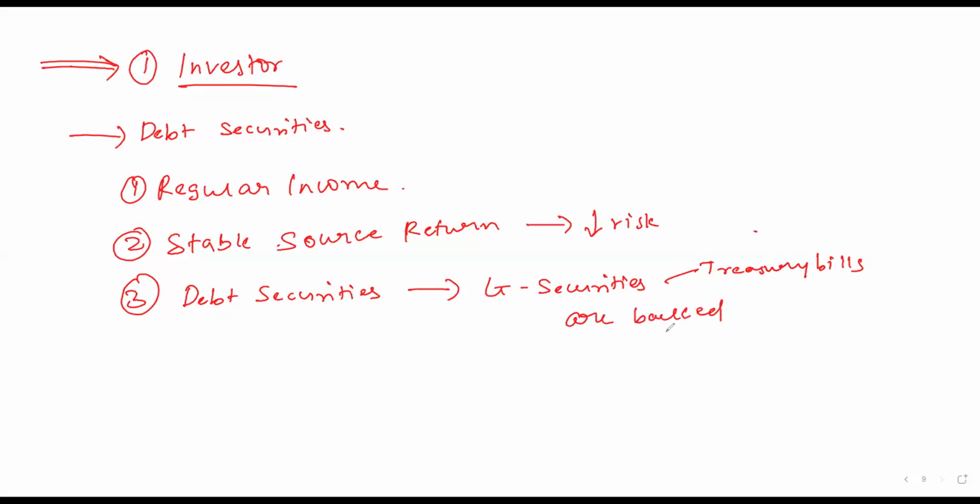Anyone can default, but a government of a nation, with its ability to print more currency, can't default. Although there are chances that they could default as well, a strong government won't default. So debt securities are backed by the government and have low chances of default.